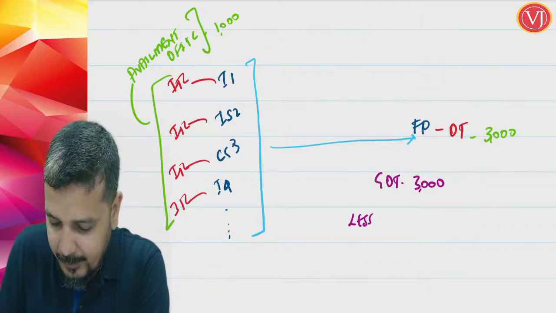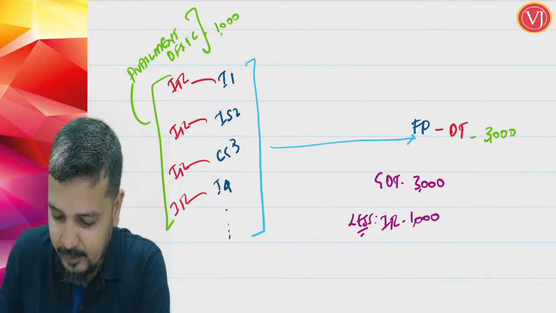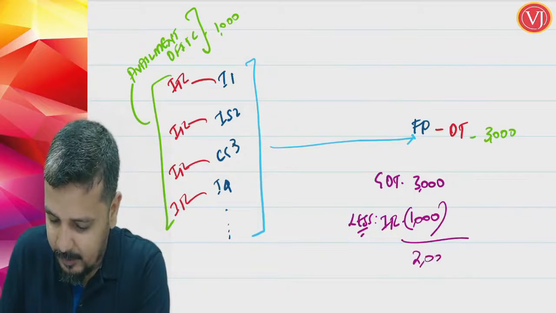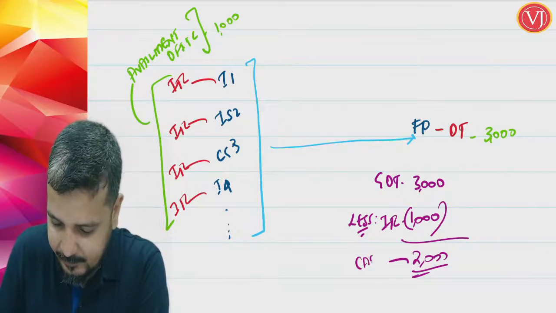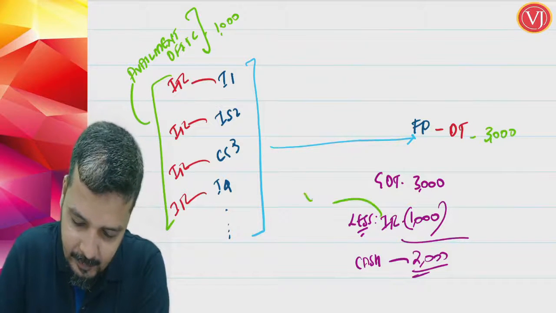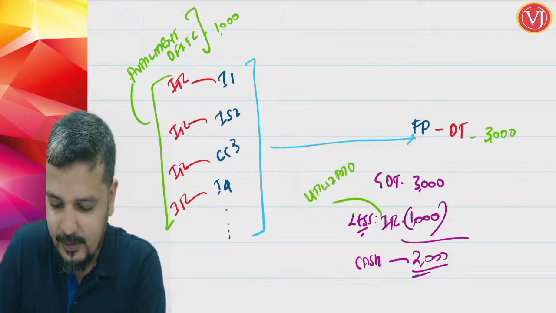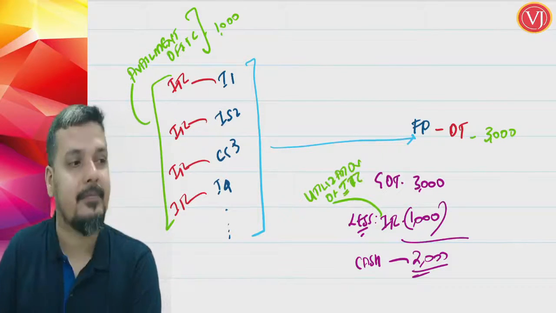You will first pay it by using your input tax credit, which is 1000, and finally the balance 2000 you will pay by your cash ledger. Now this point is called utilization of credit.